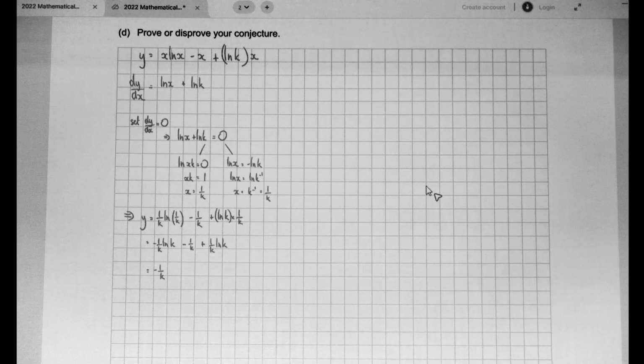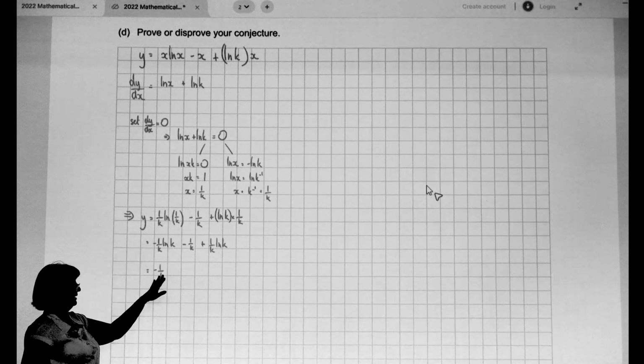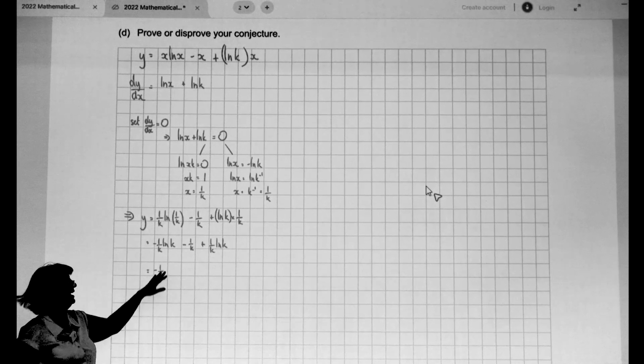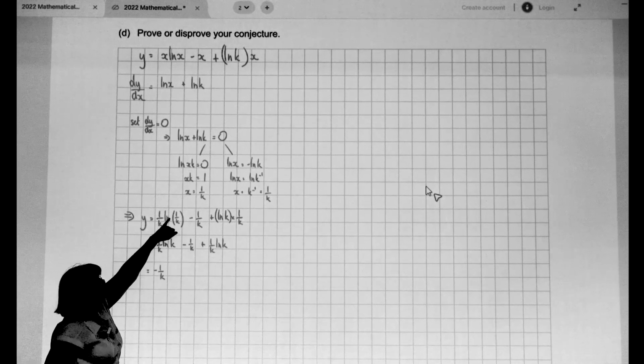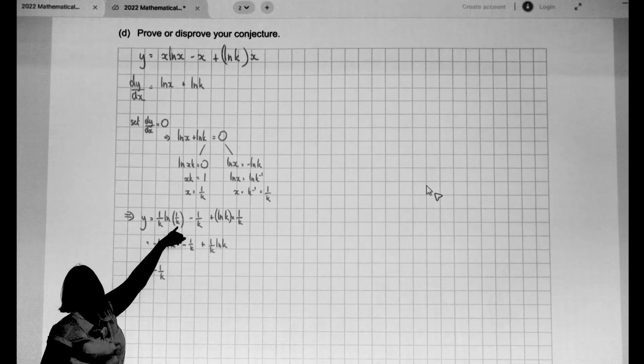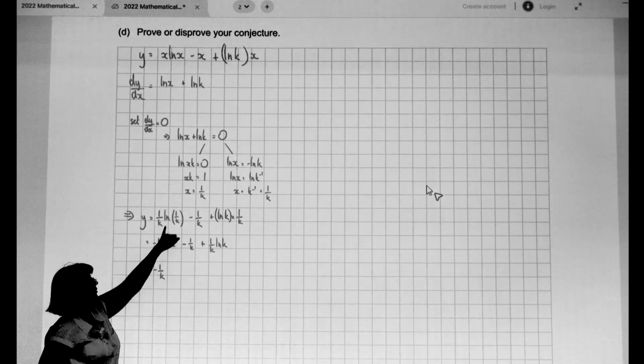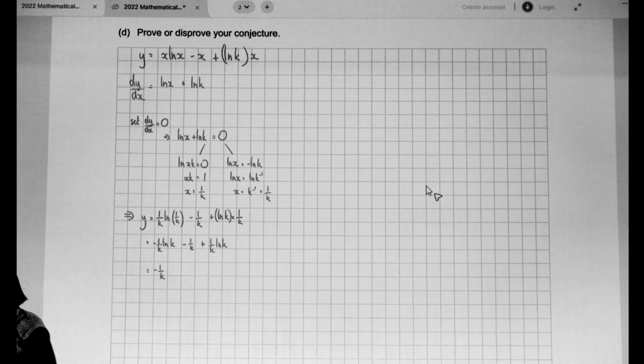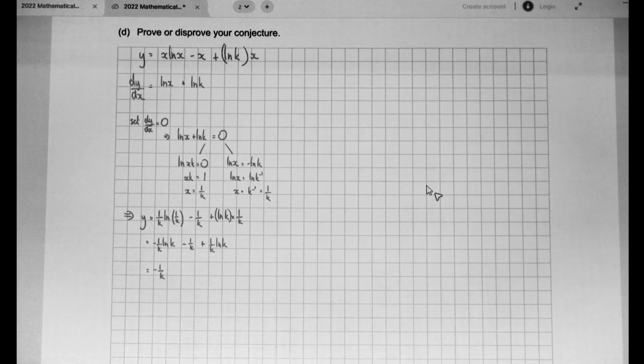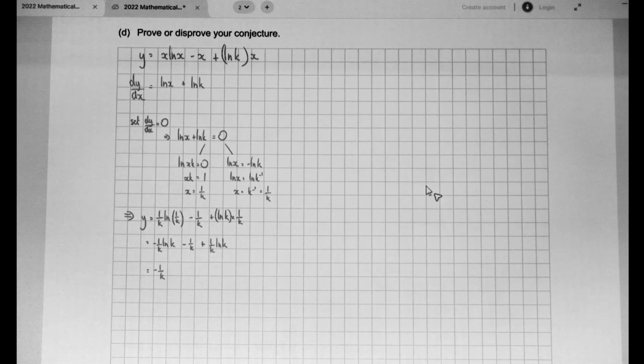Or they got to this line, they plugged it in, and then miraculously it was -1 on k. There had to be evidence of them particularly coping with this ln of 1 on k and using their log rules to bring that minus out the front so they'd cancel. There's heaps of different ways you can do that, by the way. You can bring it together really early in the process, and it's probably a lot simpler, but there had to be evidence of process.